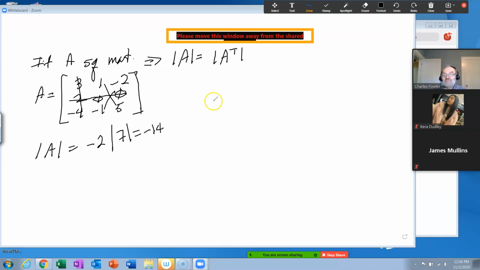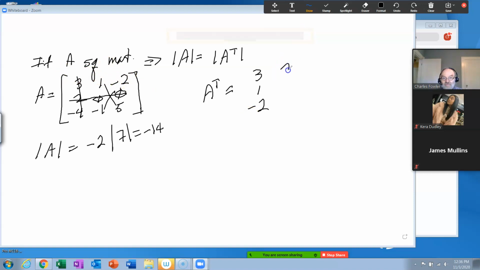Now, let's do the other, A transpose. A transpose would be 3, 1, negative 2. That first row here becomes the first column there. 2, 0, 0, and negative 4, negative 1.